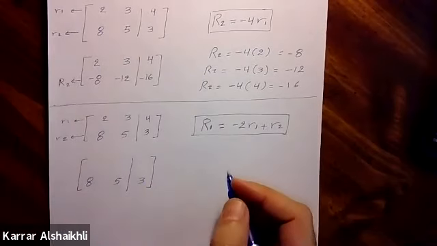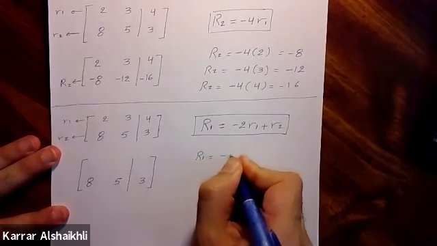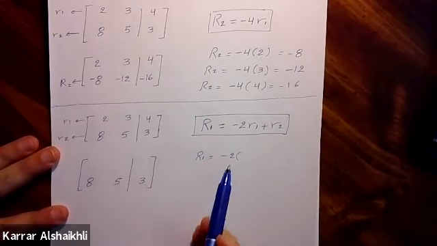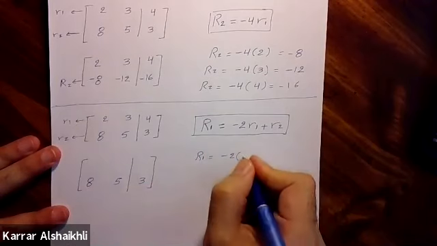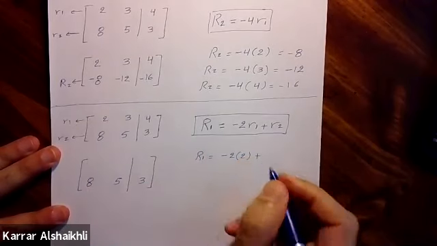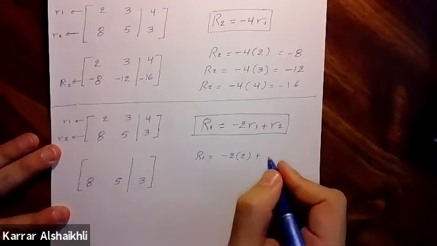Let's start with the first number. Here's the first R1. I'm going to multiply negative 2 times the first number in row 1, which is 2. Negative 2 times 2 plus the first number in row 2, which is 8.